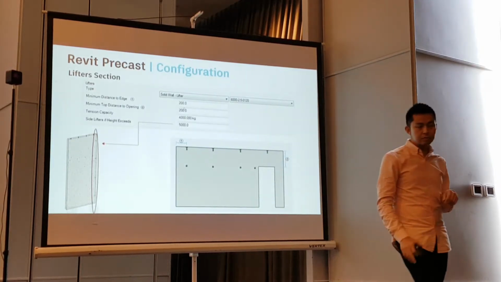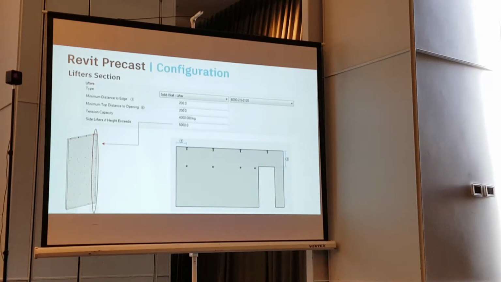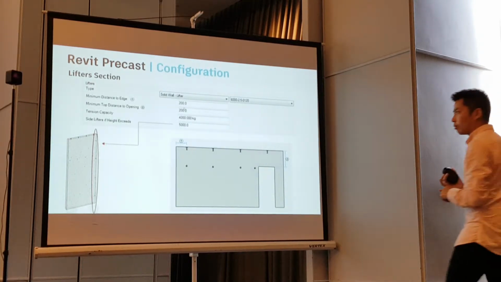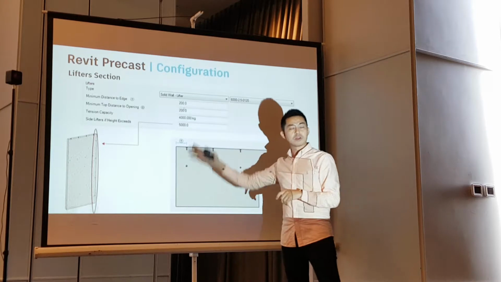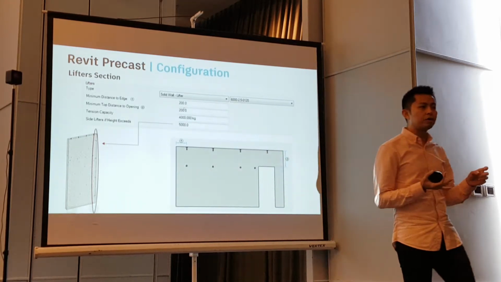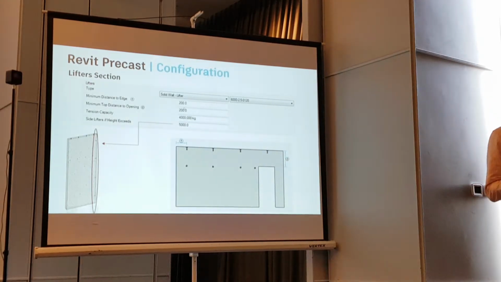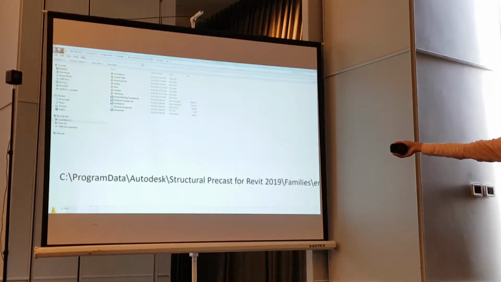Basically, first of all you can select what type of lifters you want. Similar to all the Revit settings, if you want to create new lifters, you can create your own families and dump them into the folders in this location.